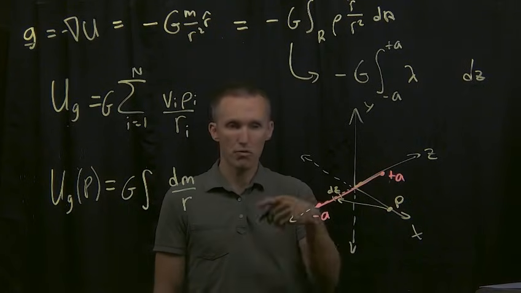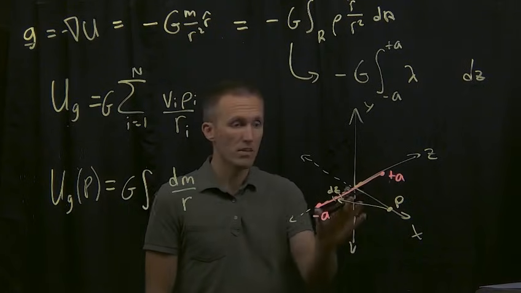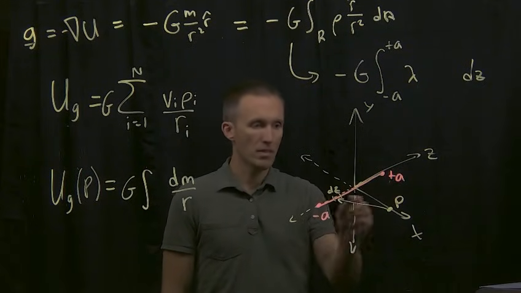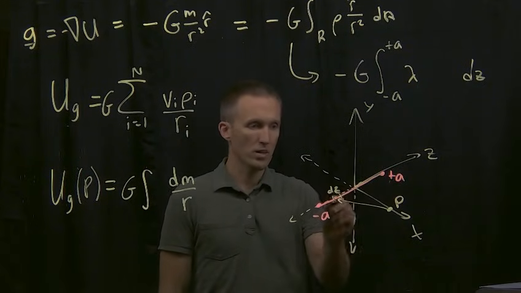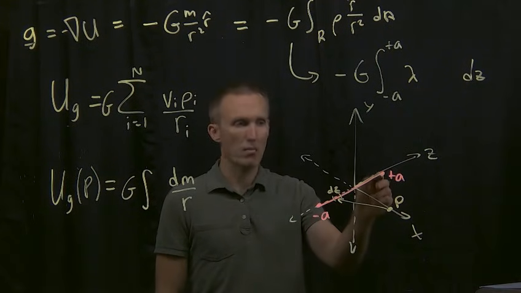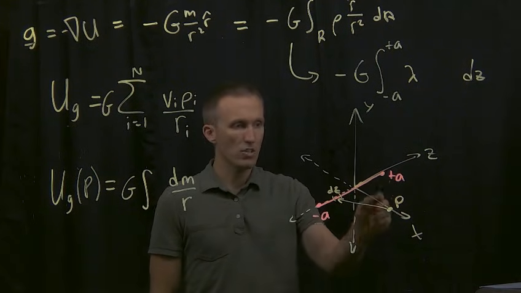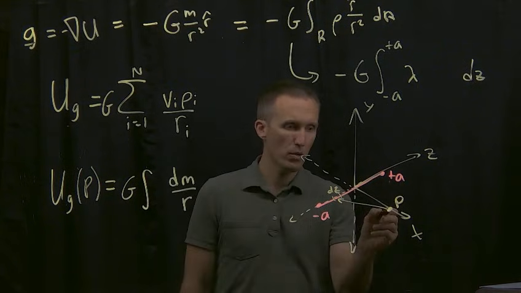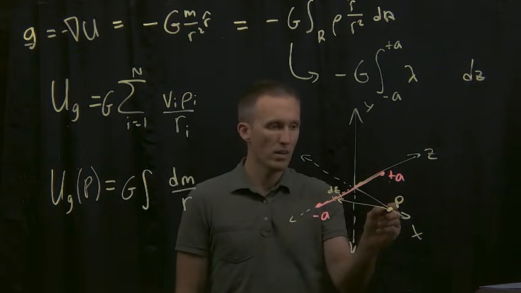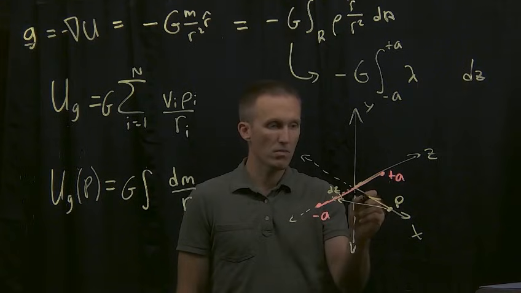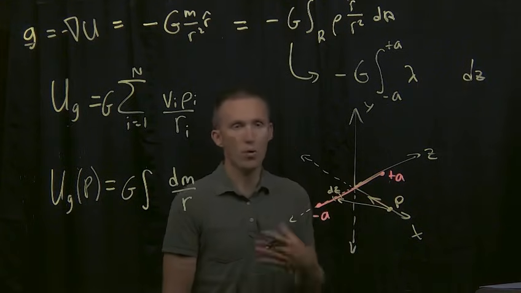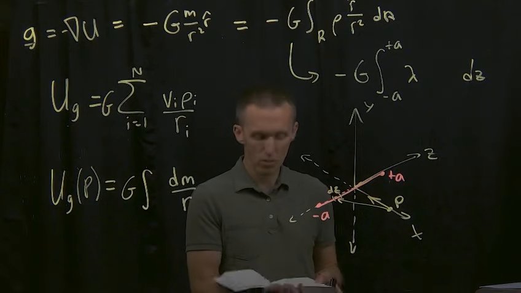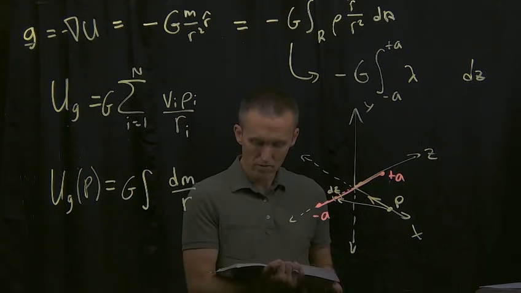So the gravitational pull from this half of the wire is exactly the same. It's going to be pulling in this direction, but then it's exactly canceled out by the wire pulling in this direction. So what that means is that the gravity field for this point P from this wire is going to be exactly along the x-axis. So we only have the x-axis to worry about here when we're looking at the gravity field.